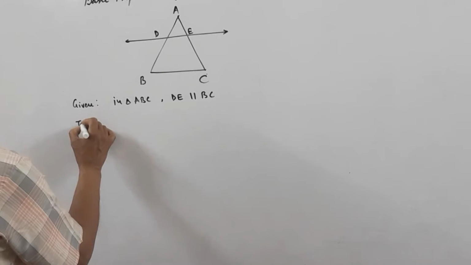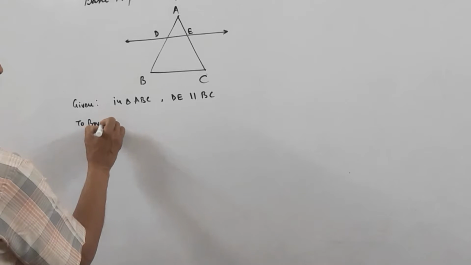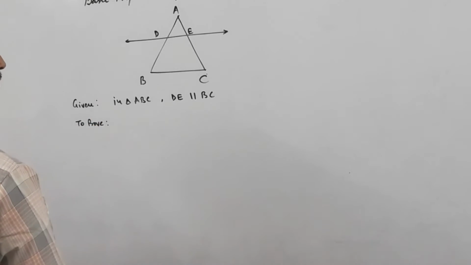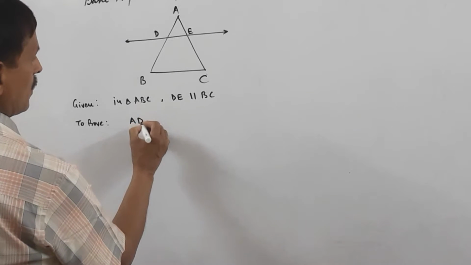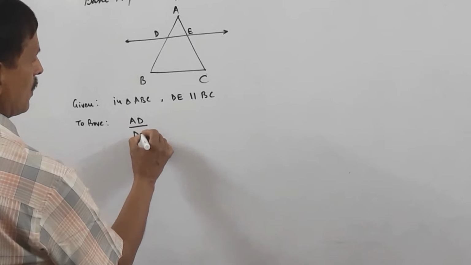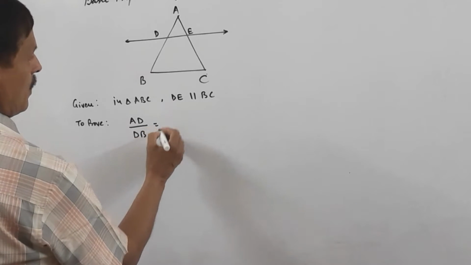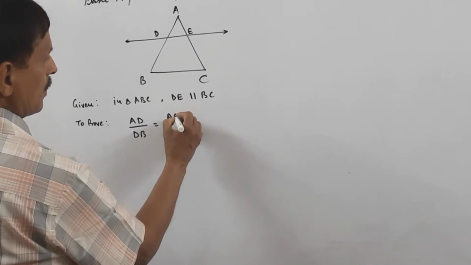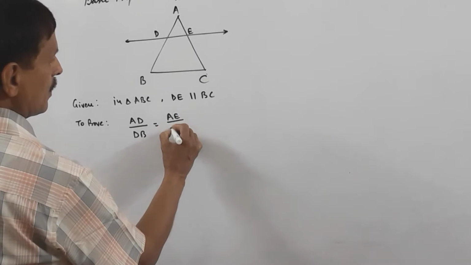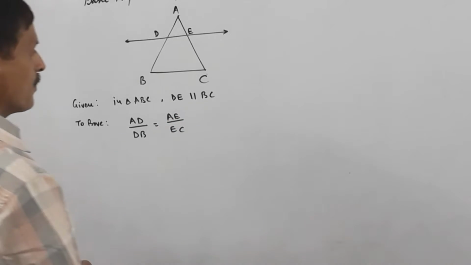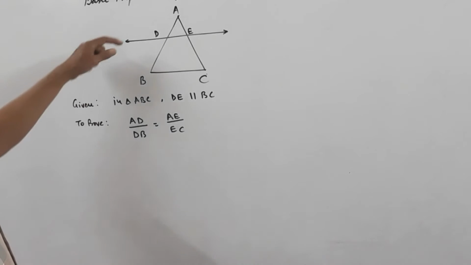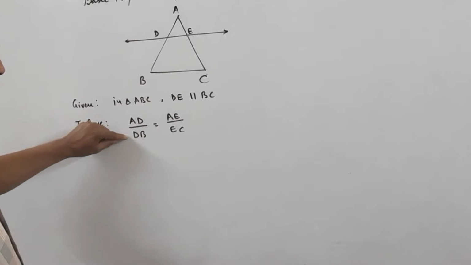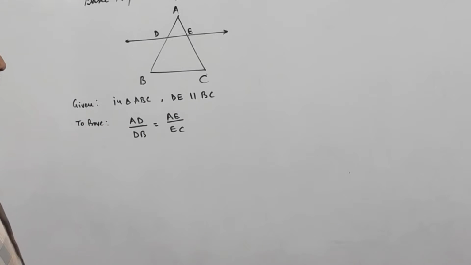We have to prove AD upon DB is equal to AE upon EC.